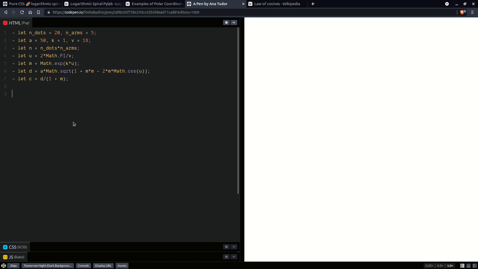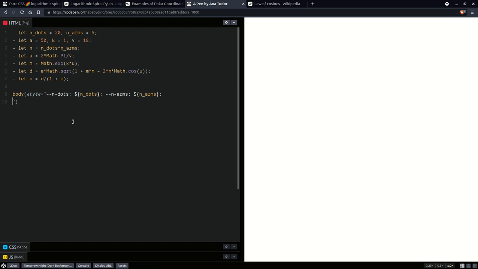So we are going to have the body, and in its style attribute we are going to pass a few things to the CSS: the number of dots per arm, sorry, this is CSS, right? The number of arms, okay.